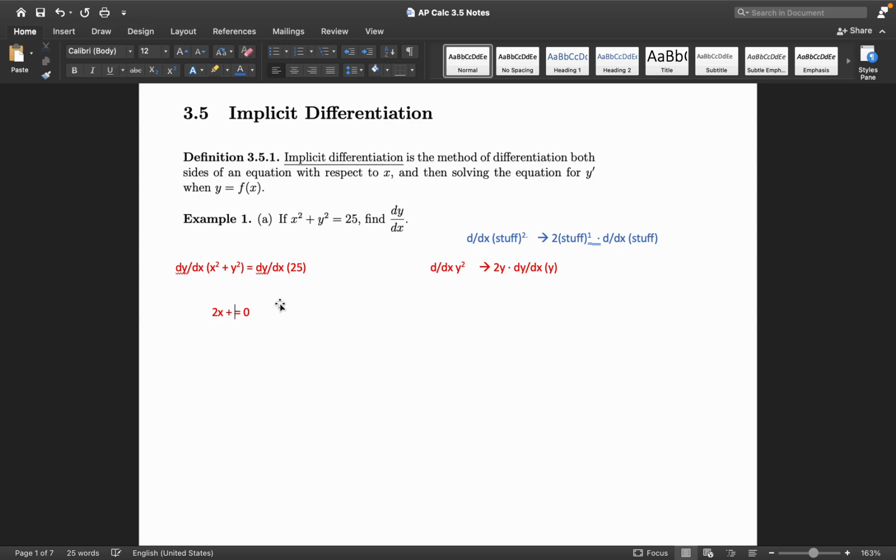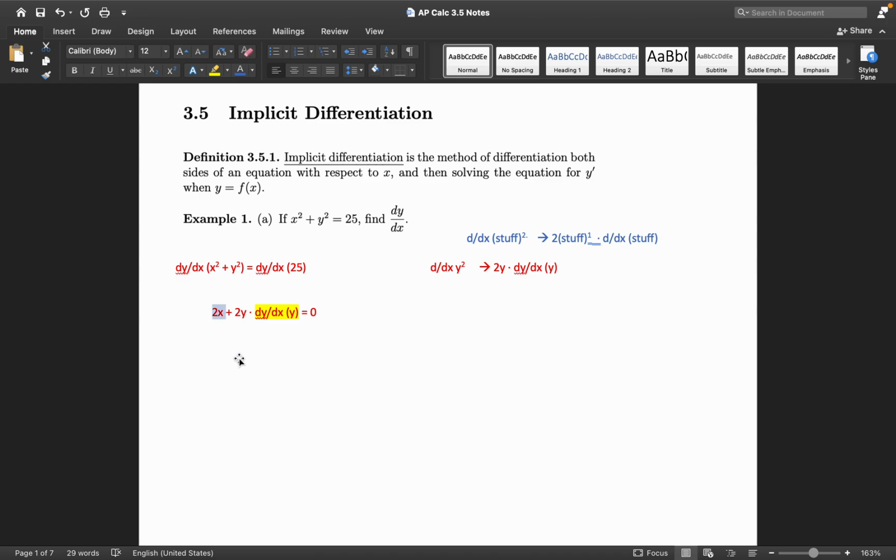So what we end up with here is 2x plus 2y times the derivative of y equals 0.